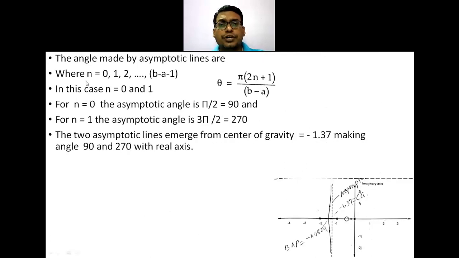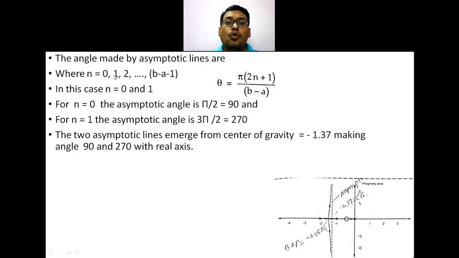The angle made by these asymptotic lines is calculated by theta equal to pi into (2n plus 1) upon (b minus a), where n equals 0, 1, 2, up to b minus a minus 1.